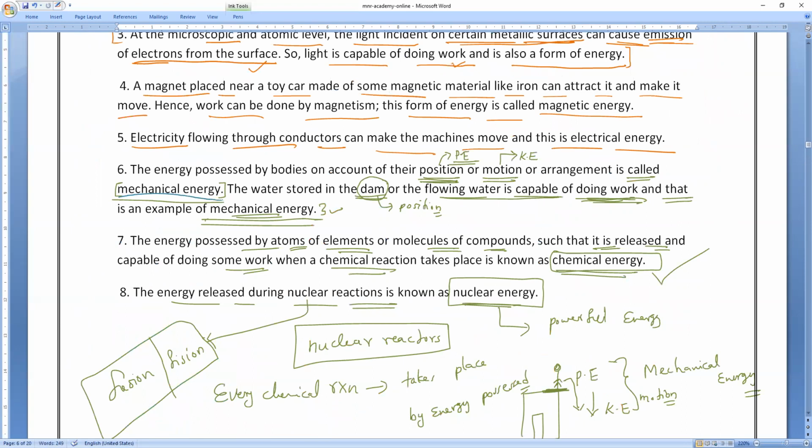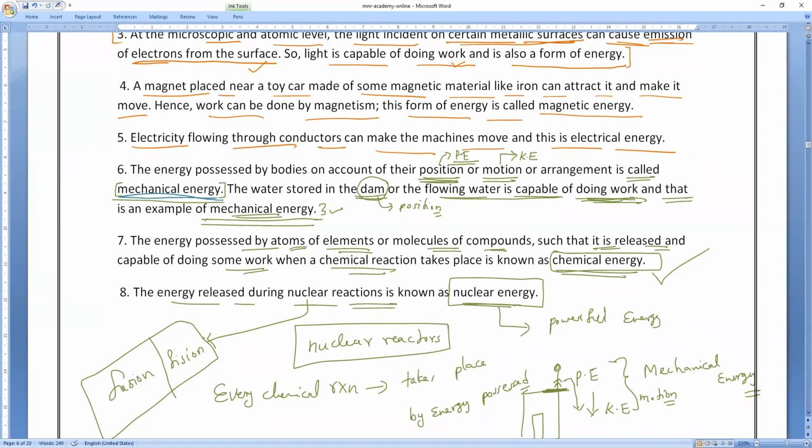The whole chapter of your class 9 will run on potential and mechanical energy. Mechanical energy is of 2 types: potential energy plus kinetic energy.